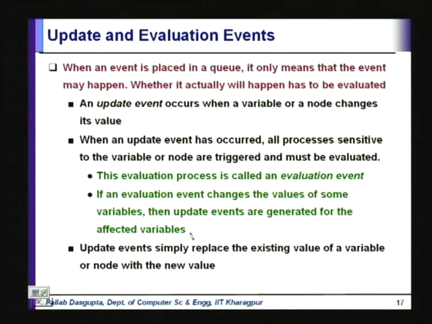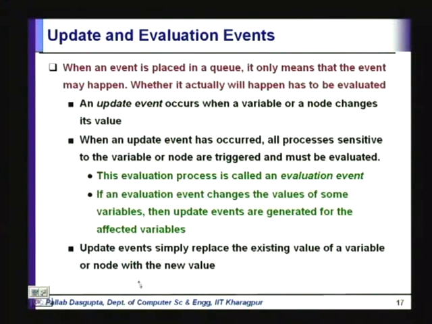If by evaluating that logic we see that its output is going to change, if nothing else happens in between, then we schedule an update event saying that the output of this gate will become 1 after so much time. An update event simply replaces the existing value of a variable or node with the new value. When that update event is finally executed, it just replaces the old value with the new value. Let us see an example.